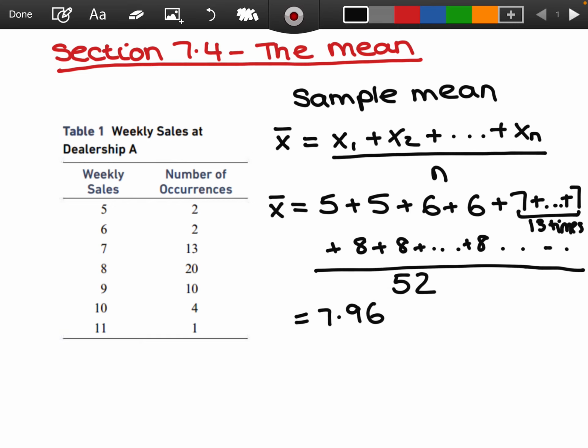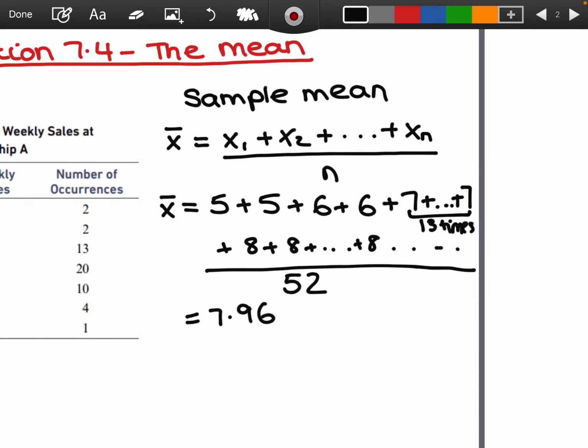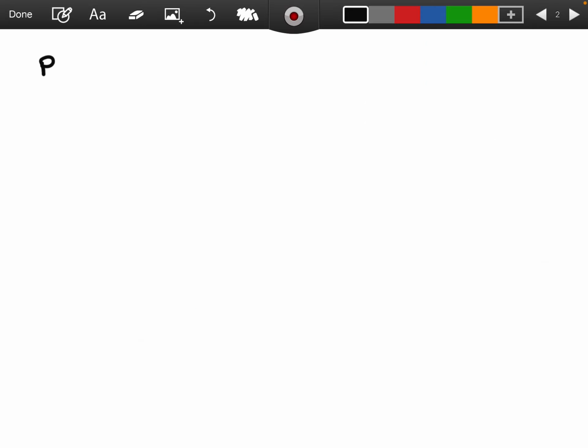Okay. There is also a population mean. The population mean would have been if we had every single weekly sale for this car dealership for the entire time that it had been open.